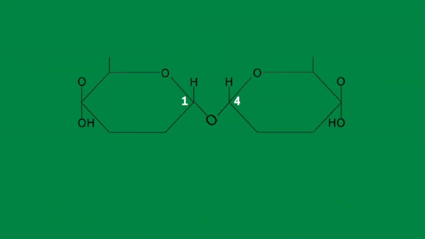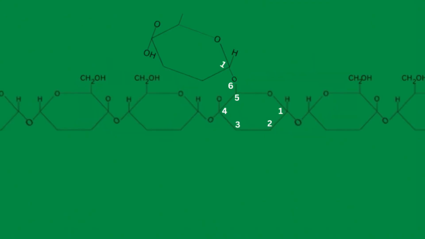So before, we had a 1-to-4 glycosidic bond where they reacted more level with each other, like adjacently, and that was a 1-to-4 glycosidic bond. But this one's a bit different because it reacts from the top, and we call this a 1-to-6 glycosidic bond.